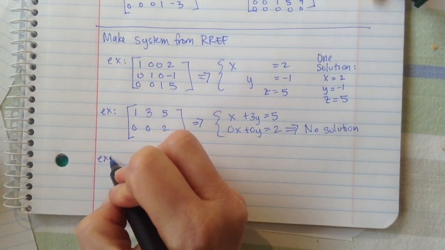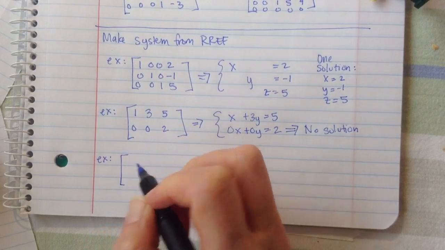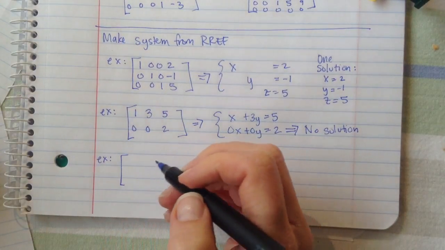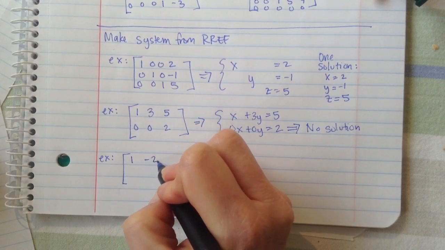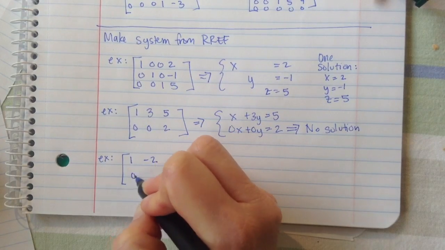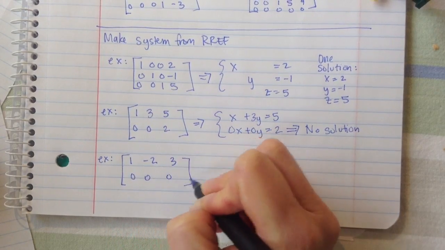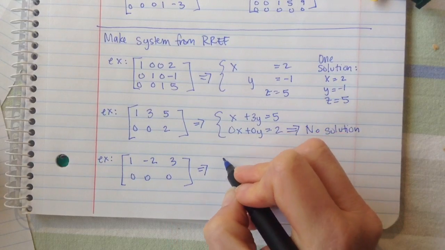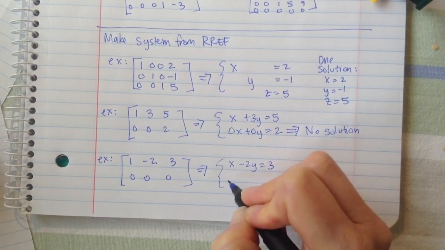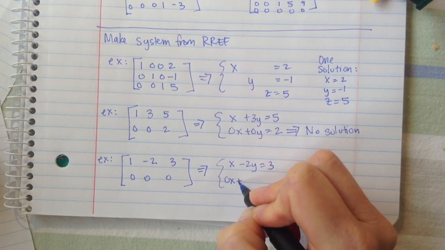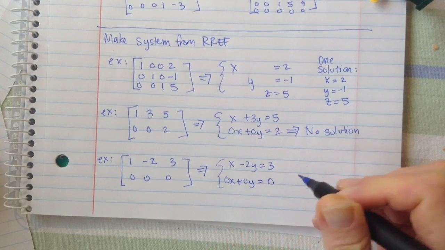And then you might have, and we know this is the case a lot, where your system is going to give you several solutions. So for example, 1, -2, 3, 0, 0, 0, 0. In that case, we get x minus 2y equals 3, and 0x plus 0y equals 0.